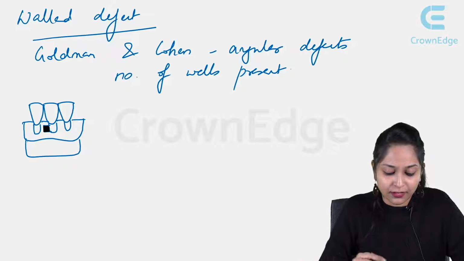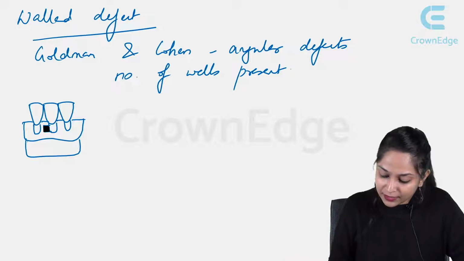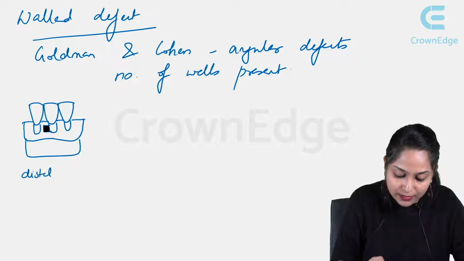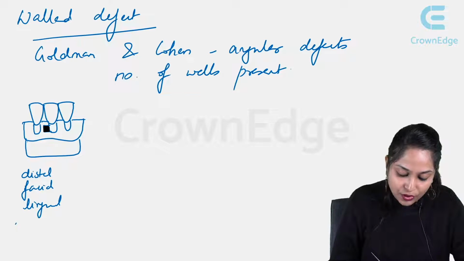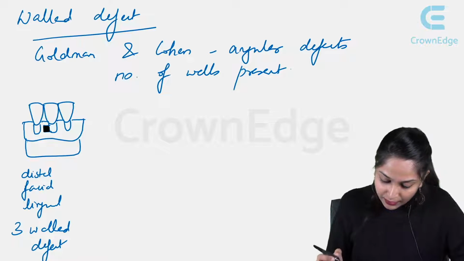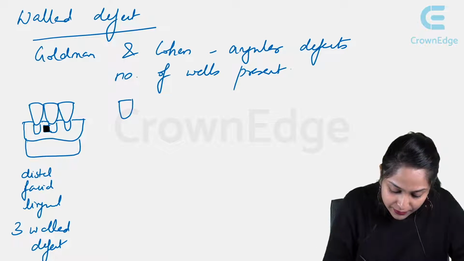Very clear. It's a 3-wall defect. That is, only one wall is missing. Only the mesial wall is missing. So the distal wall is intact, the facial wall is intact, and the lingual wall is intact. So it's a 3-wall defect. Right? Pretty simple.